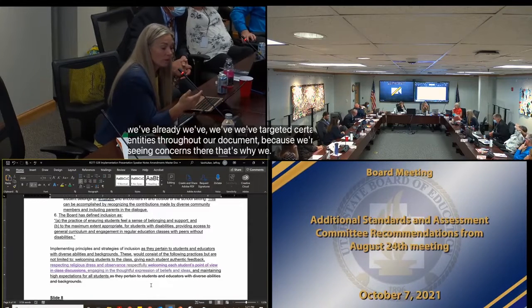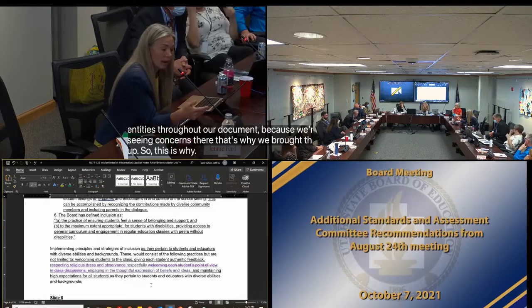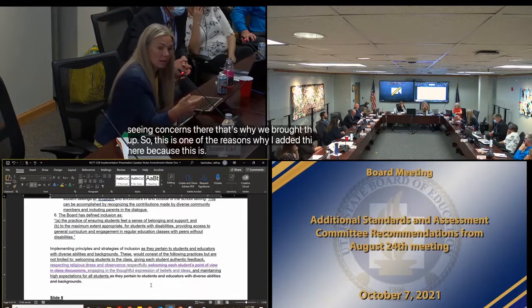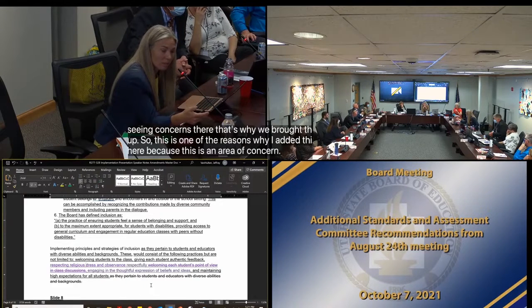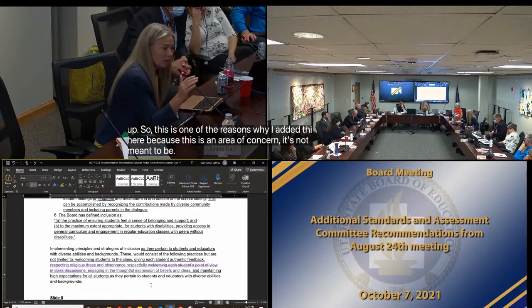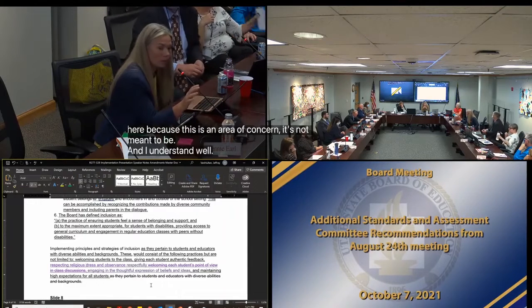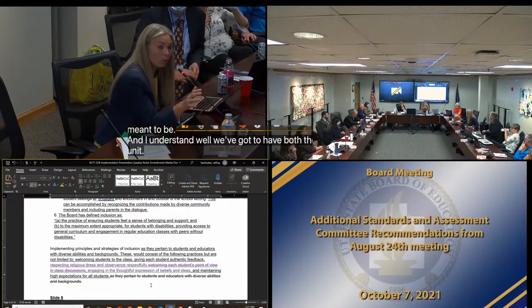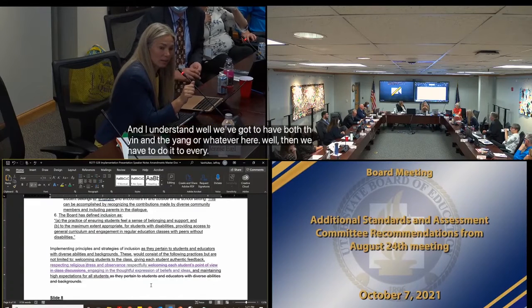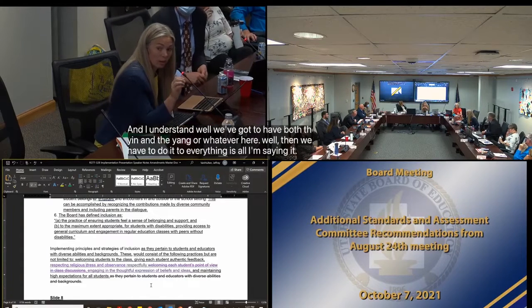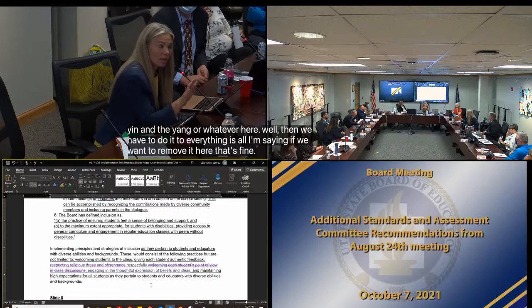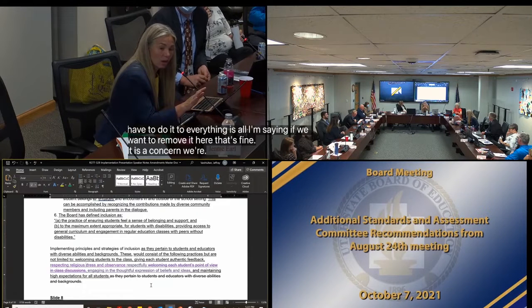That's why we brought those up. So this is one of the reasons why I added this here, because this is an area of concern. And I understand, well, we've got to have both the yin and the yang or whatever here. Well, then we have to do it to everything, is all I'm saying. And if we want to remove it here, that's fine. It is a concern we're seeing. That's all I'm trying to point out.